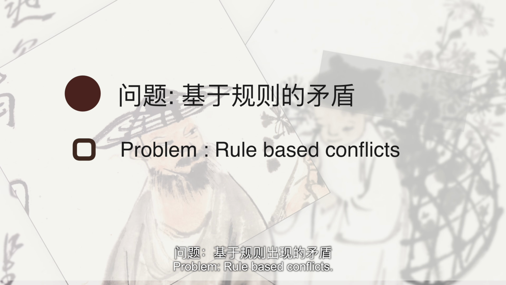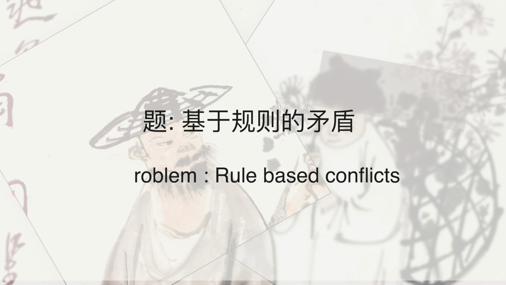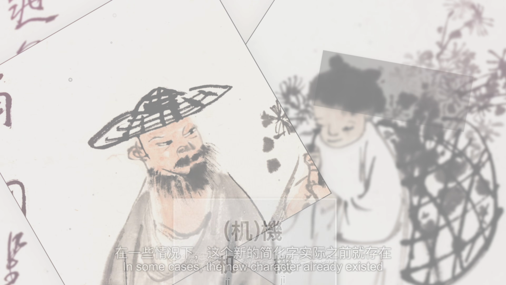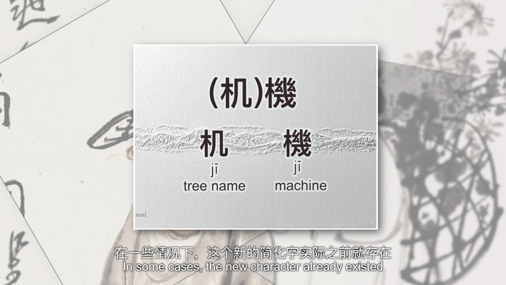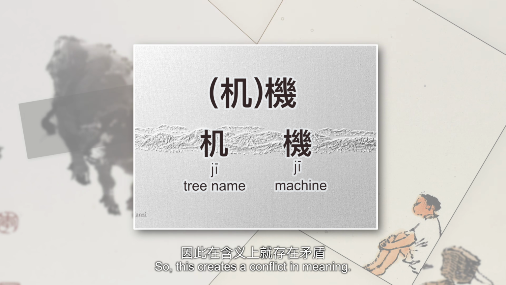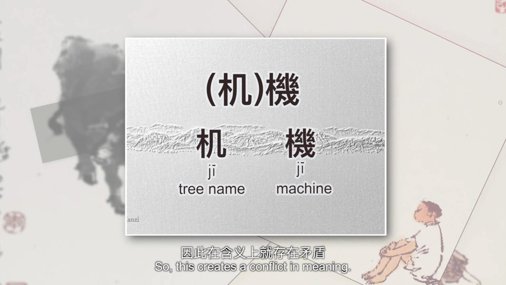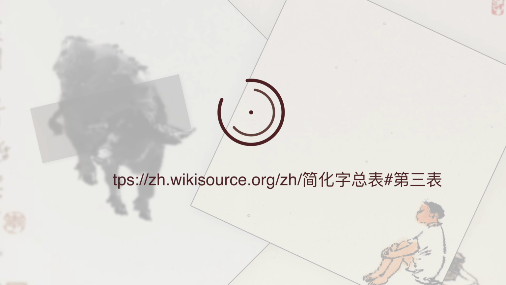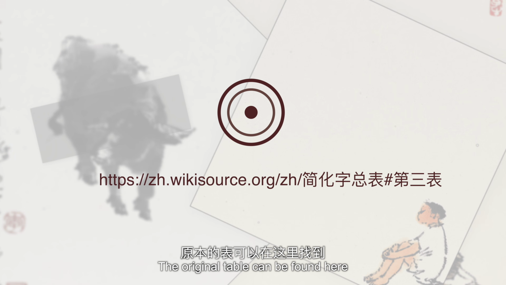Problem: rule-based conflicts. In some cases, the new characters already existed and had a different meaning, so this created a conflict in meaning. The original table can be found here.